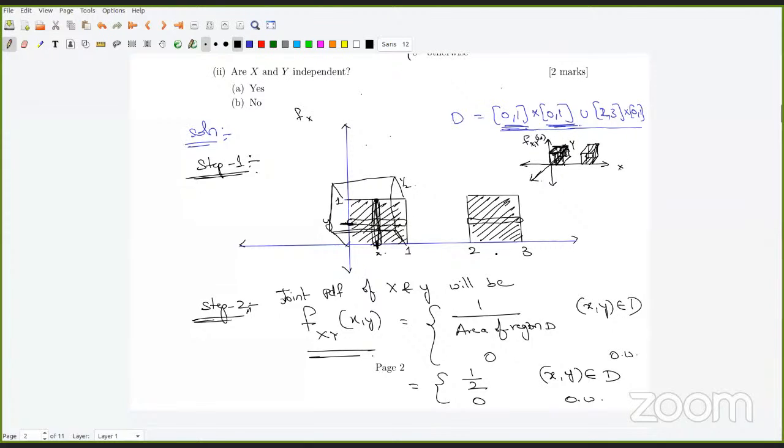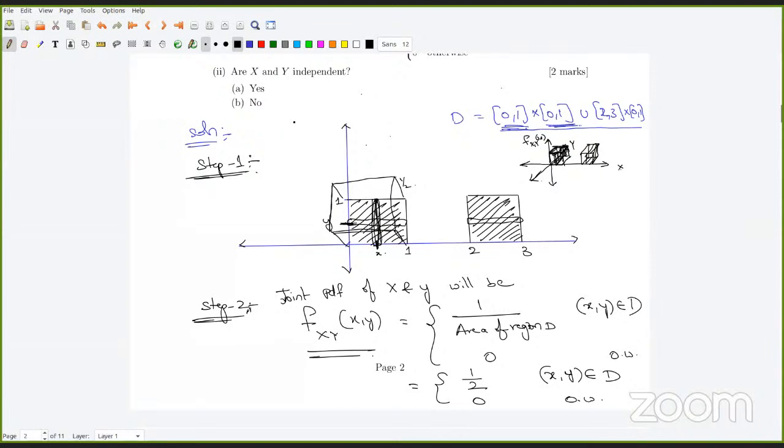That will be the support of x, where our density function has some value. For y it is 0 to 1, and for z it is 0 to half.